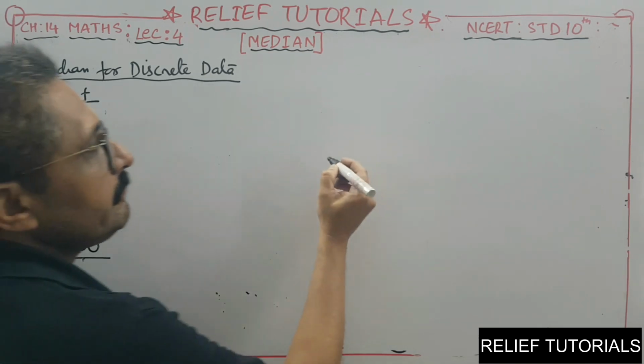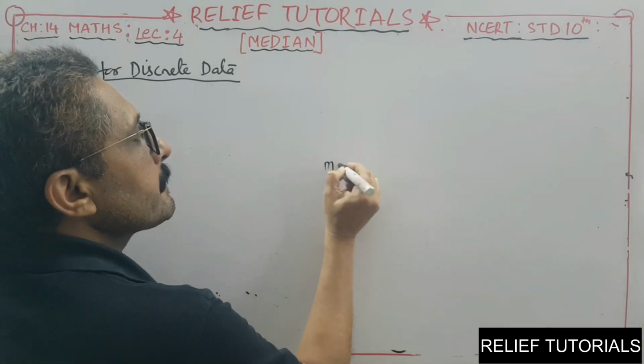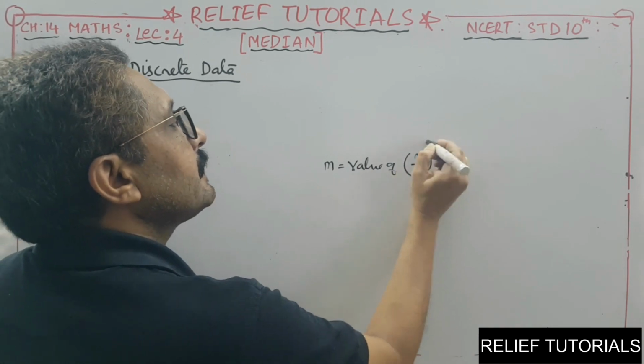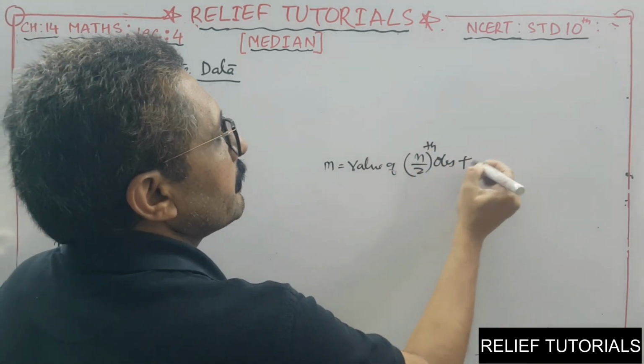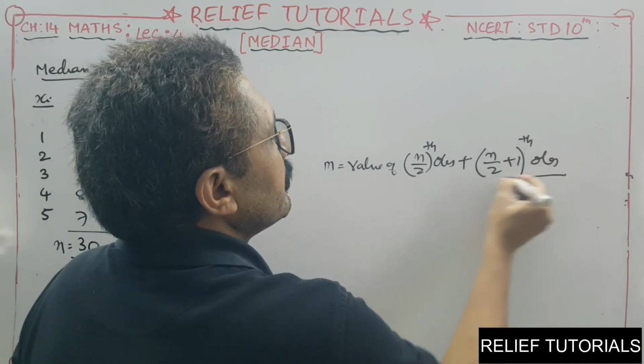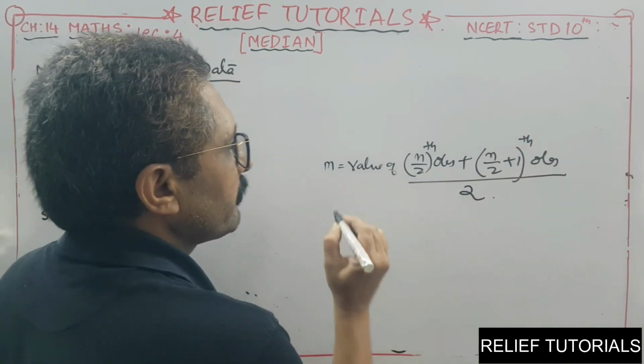Now see, you know the value of the n by 2nd observation plus the n by 2 plus 1th observation, divided by 2.